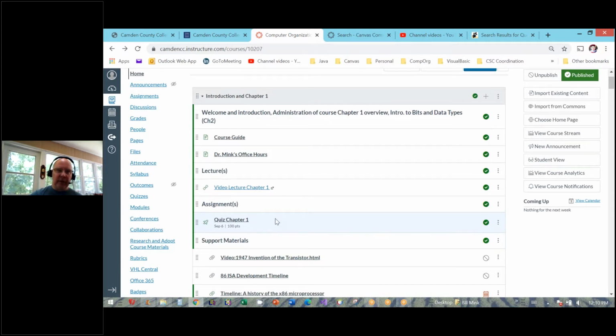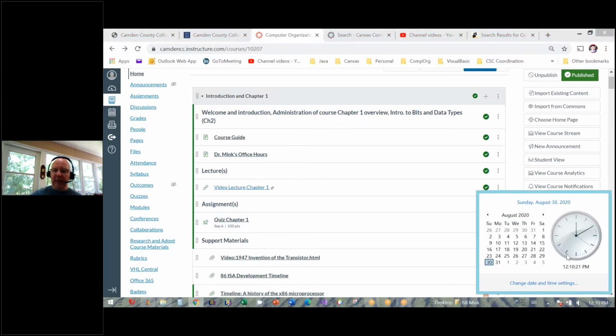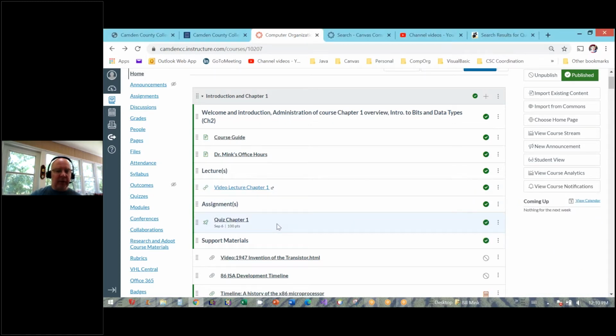It is a real soft landing into the course, but that expires on Sunday, September 6th, and it disappears. So you have to take that before September 6th.